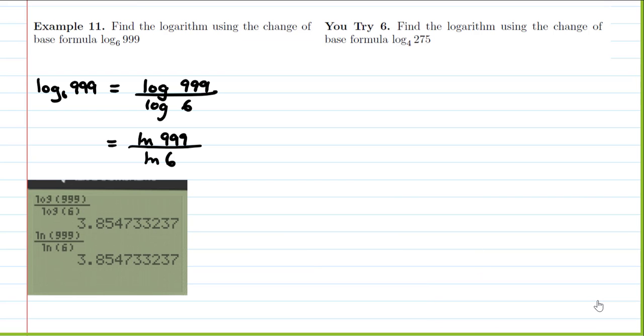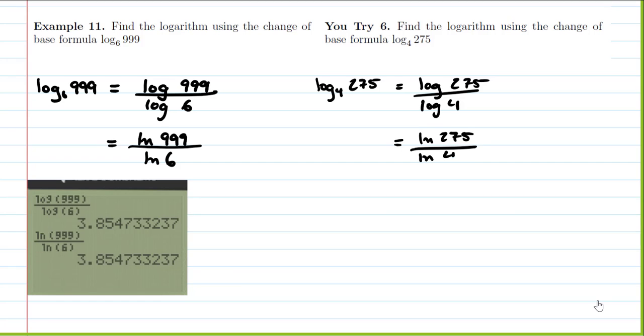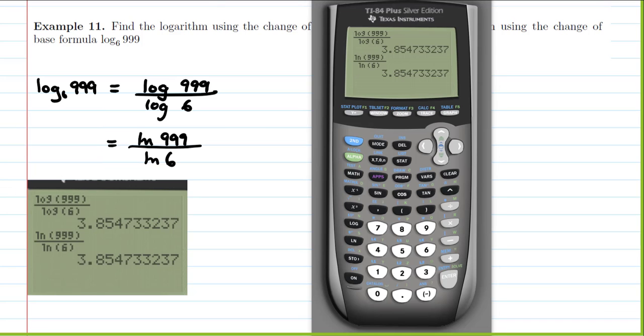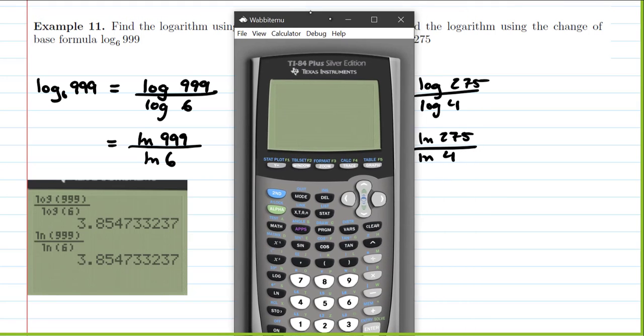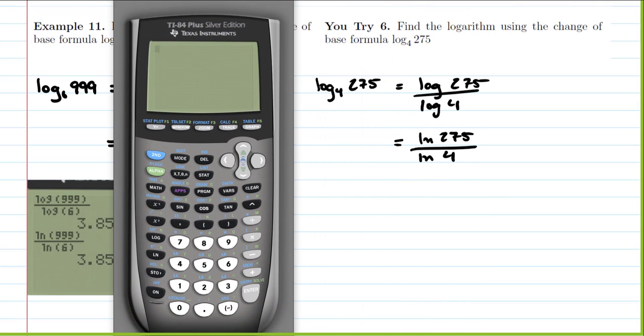All right, so if we change our base, we have the logarithm base 4 of 275 can be equal to either the logarithm of 275 over the logarithm of 4, or the natural logarithm of 275 over the natural logarithm of 4. So once again, putting either or both of those into your calculator, we will end up with the following.